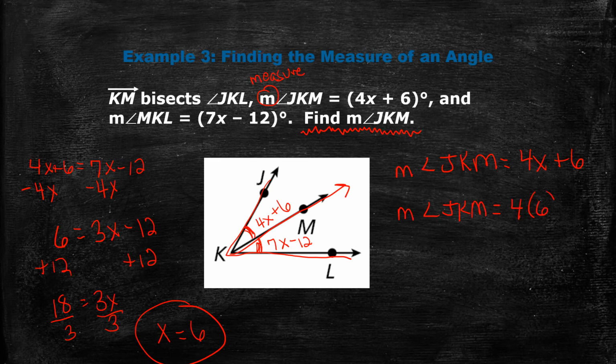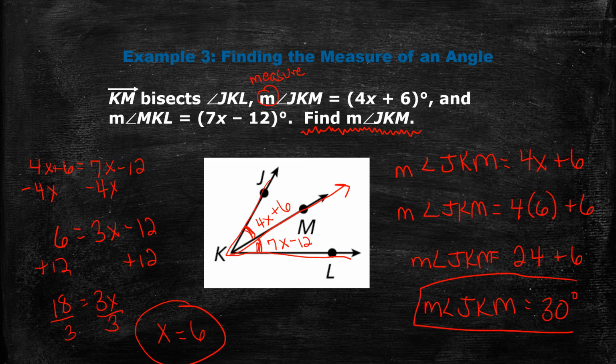So we can say 4 times 6 plus 6. So 4 times 6 is 24, plus 6. So the measure of angle JKM is equal to 24 plus 6, which is 30 degrees. And that's your final answer.